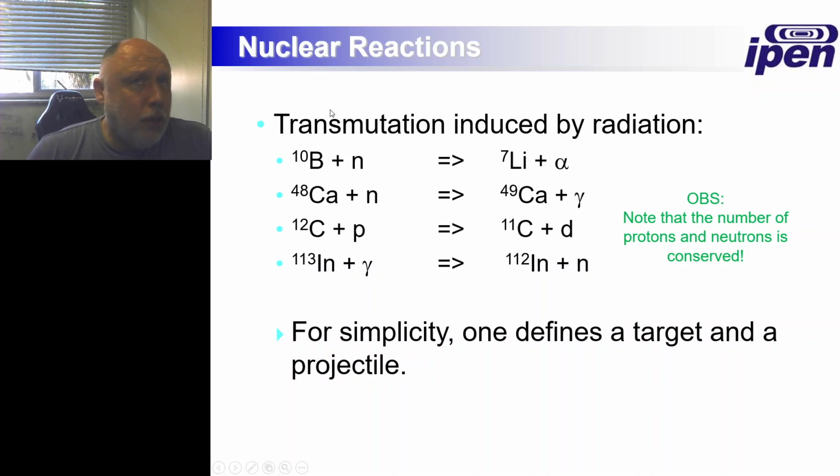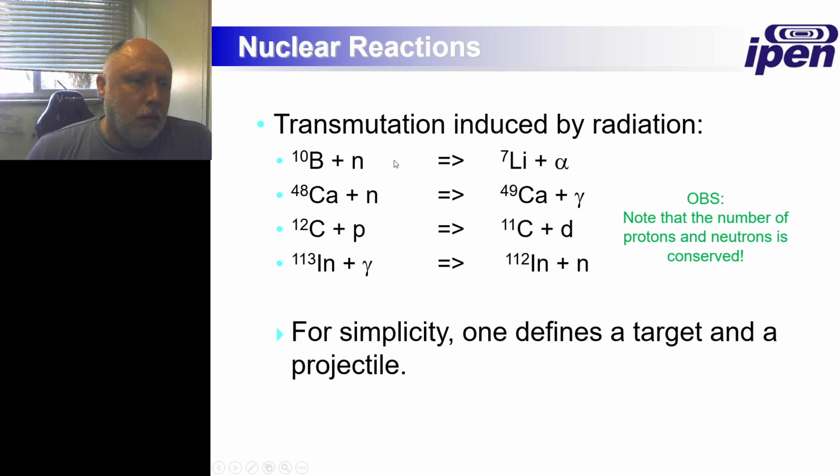And so, what happens in a nuclear reaction? You have, just like a chemical reaction, where an atom or a molecule exchanges electrons with another atom or molecule, and so on, essentially the same here. For instance, you may have boron 10 interacting with a neutron and producing a lithium 7 and an alpha particle.